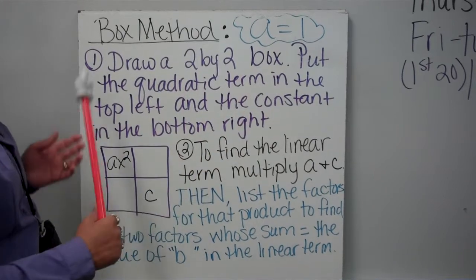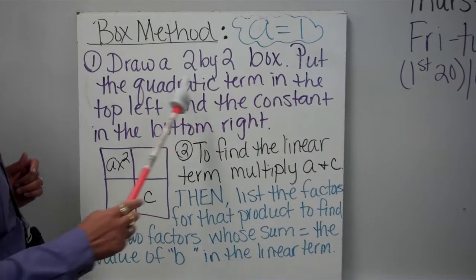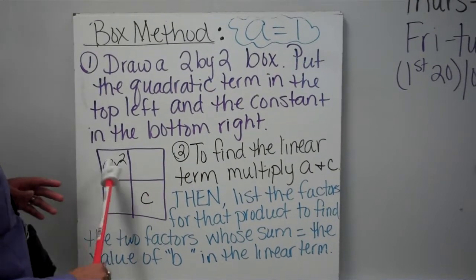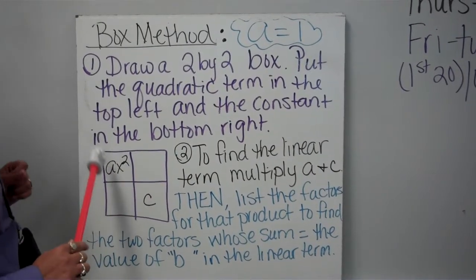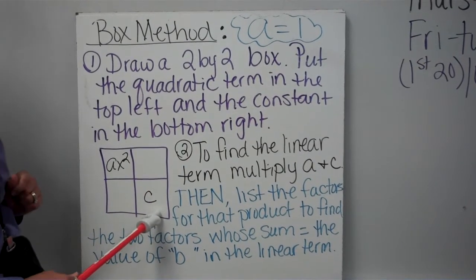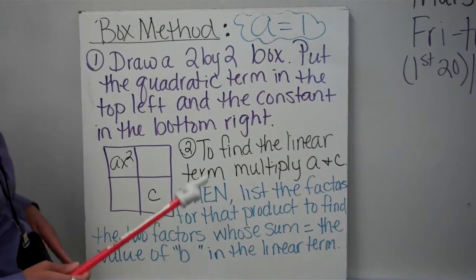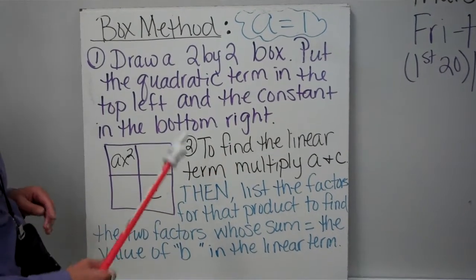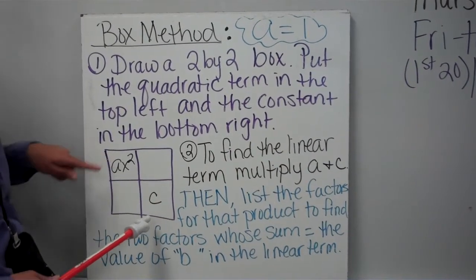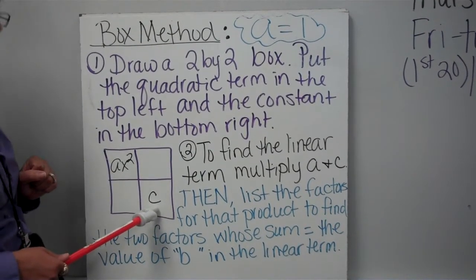Once you draw your 2 by 2 box, you put the quadratic term, the x squared term, in the top left square of the box, and the constant goes in the bottom right square. To find the linear term, you multiply the value of a times the value of c, the coefficient of the quadratic and the constant.